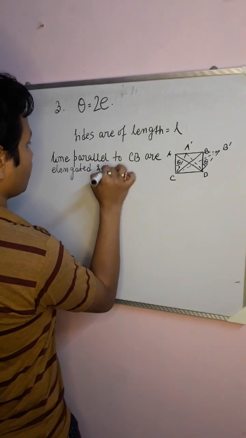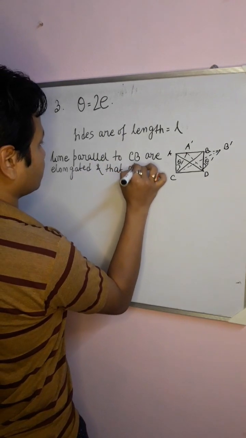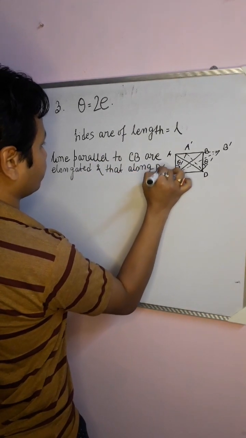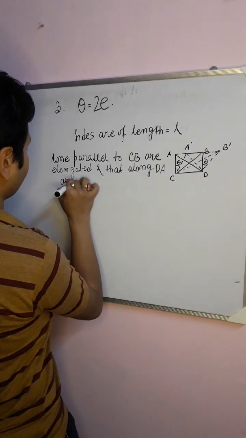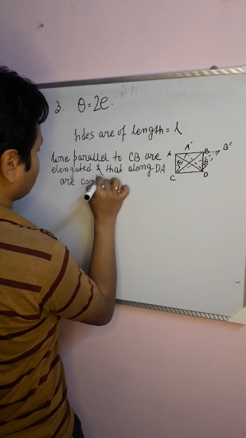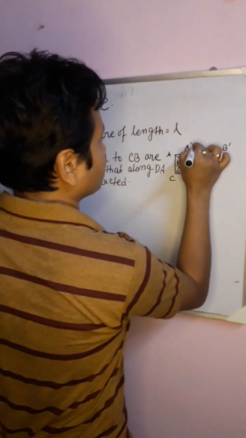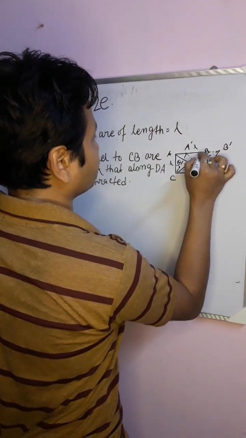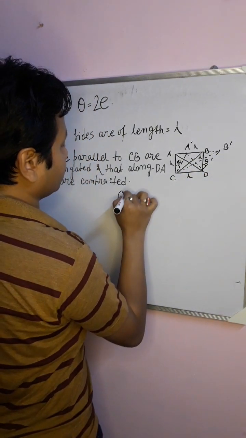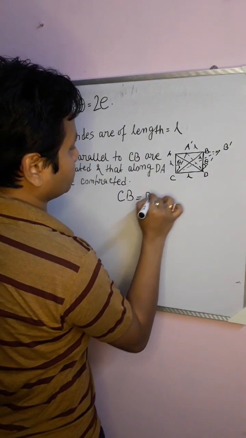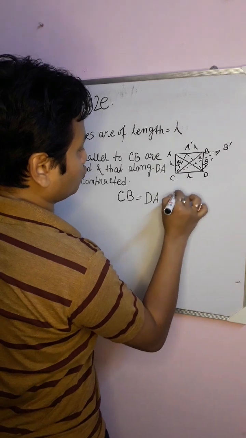So if the sides are of length L, then what is CB? That is the diagonal CB equals DA, equals L root 2.